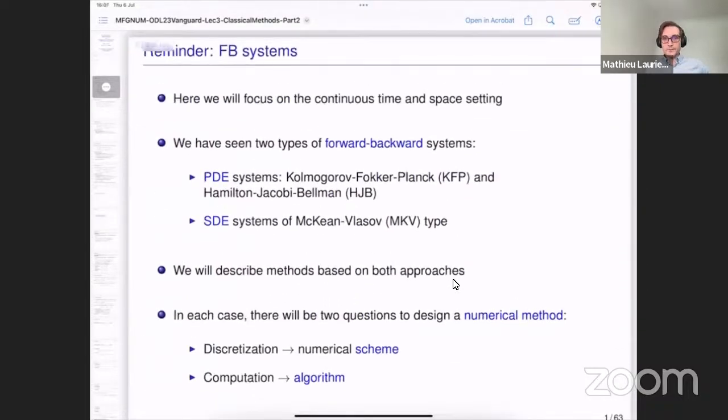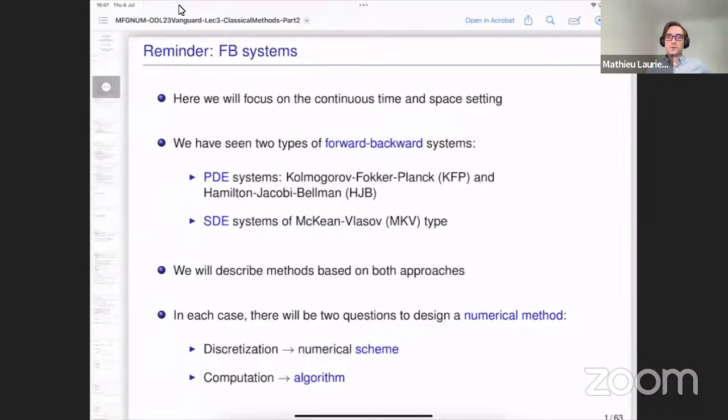So what we've seen yesterday is that typically when we try to characterize the solution to a mean field game using optimality conditions, we obtain not just a backward equation as we would obtain in standard optimal control, but this backward equation is coupled with a forward equation, which describes the evolution of the state or the evolution of the population distribution.